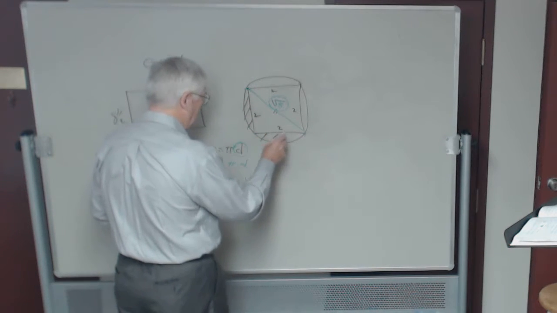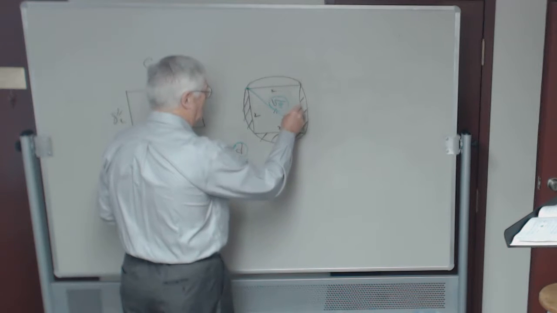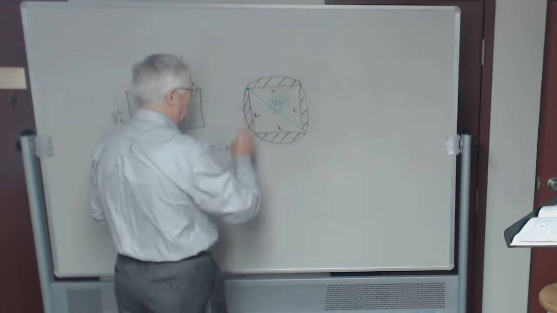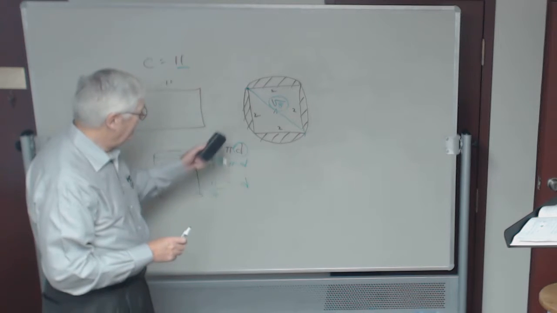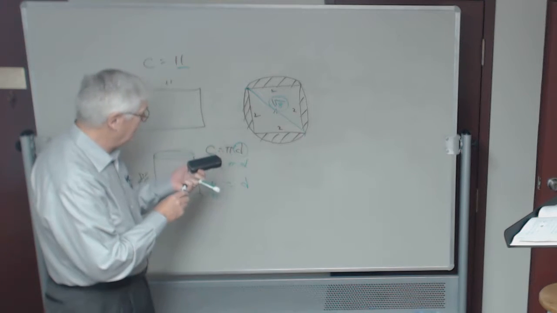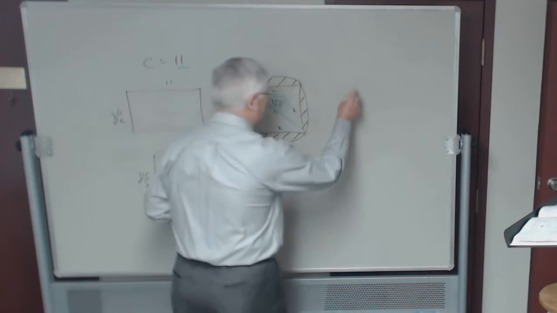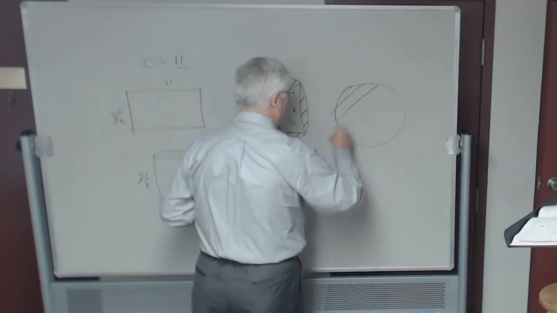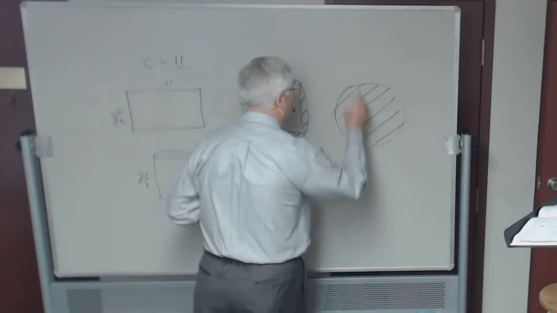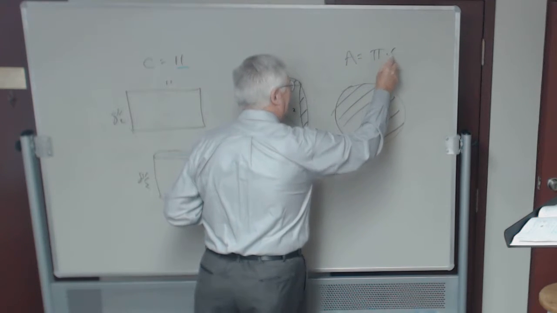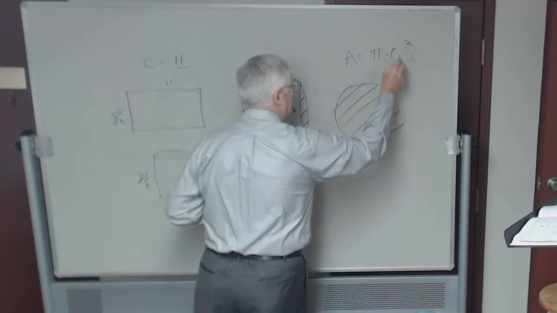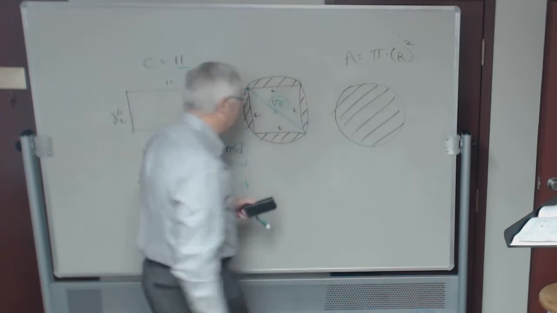Inside the circle? Right? Uh-huh. And outside the square? Well, what's the area of the circle? Area is what? Pi times what squared? The radius?